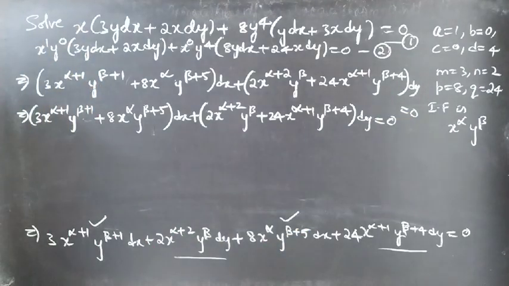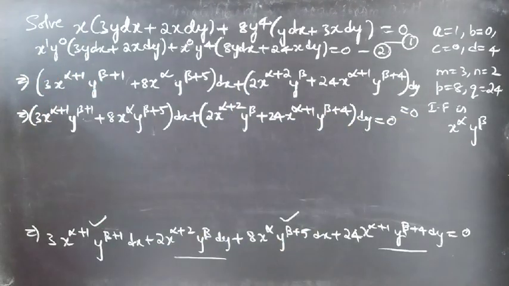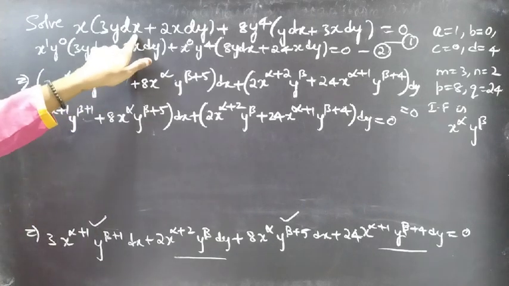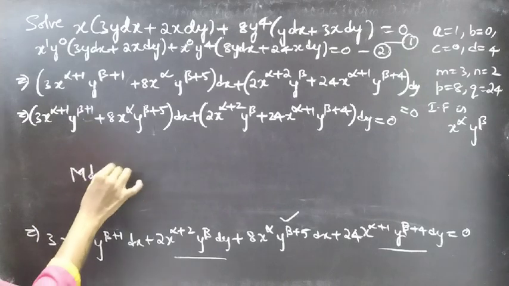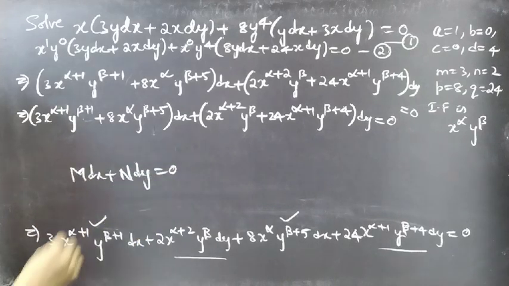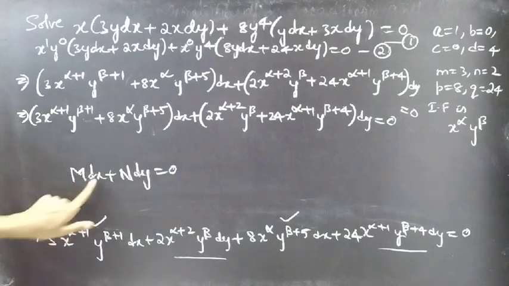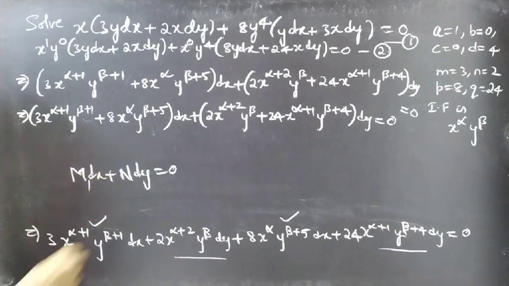Right? Which is of M dx plus N dy equal to 0 form. See, the given differential equation can be written in M dx plus N dy equal to 0 form, right?